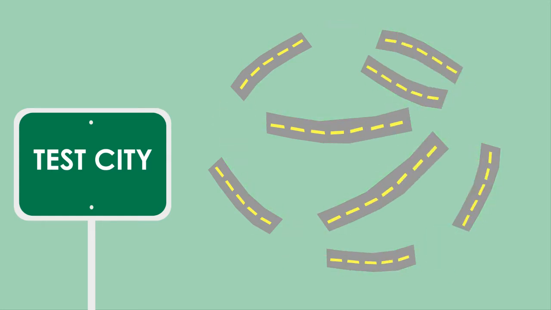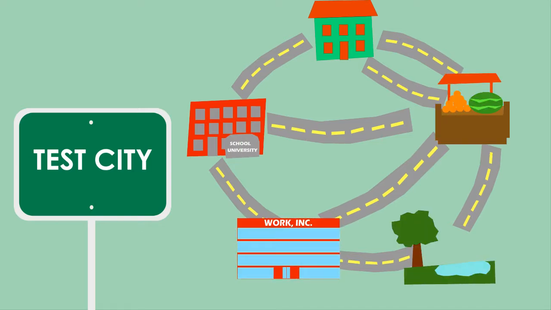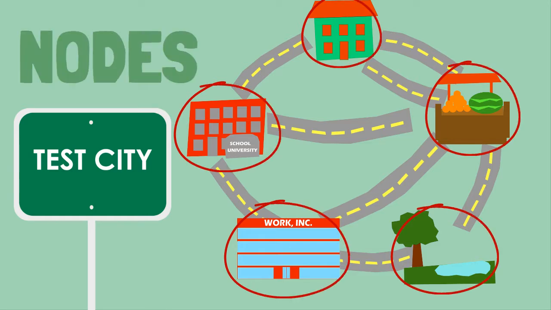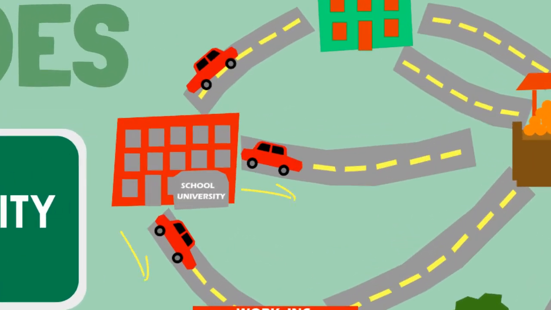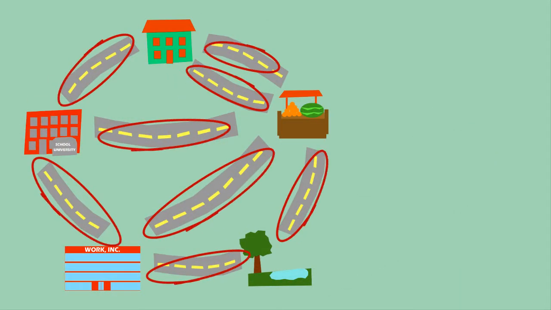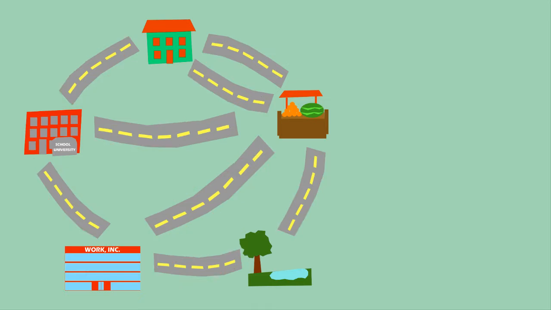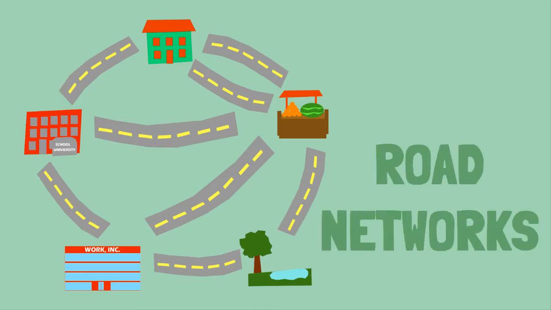This could be a residential area, a school, an office, a park, a market, for example. These locations are called nodes. That's where people come from and where people want to go. The roads that connect them are called links. Throughout this video, we're going to be using the example of road networks.